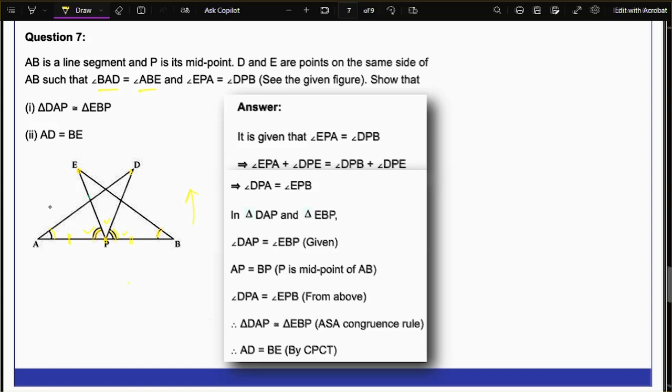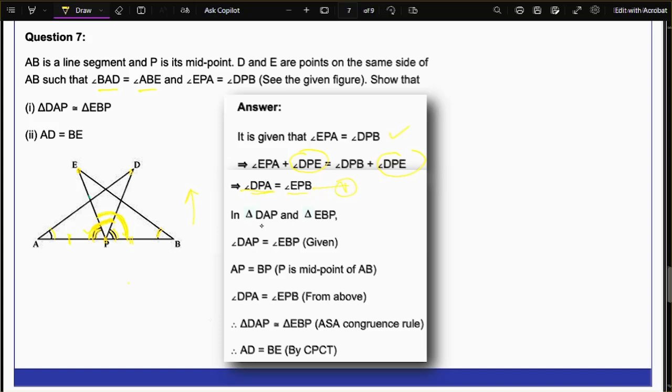We have been given that EPA and DPB are the same. It is given. Now I add DPE to both sides. If I add DPE to EPA, this becomes the whole angle DPA. Similarly, if I add it to DPB, this becomes the whole angle EPB. So we will use this.